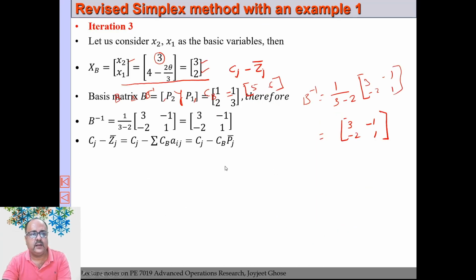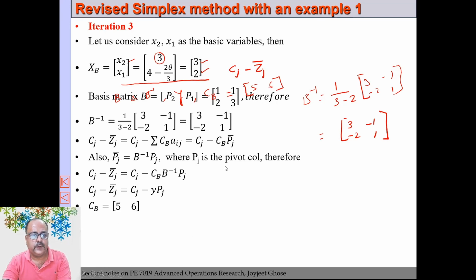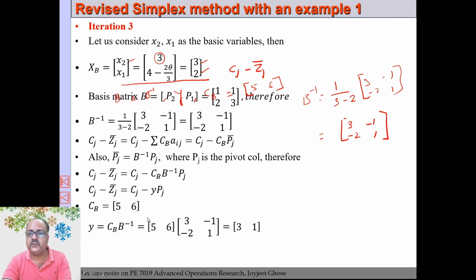So Cb is equal to 5, 6 as we have found out here, and Y will be 5 into 3 plus 2 into minus 2 times 6, which is 15 minus 12, which is 3, and 5 into minus 1 plus 6 into 1 will give you 1. So Y becomes 3, 1.